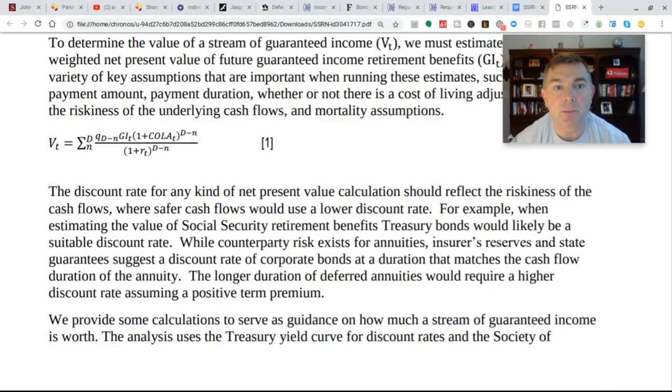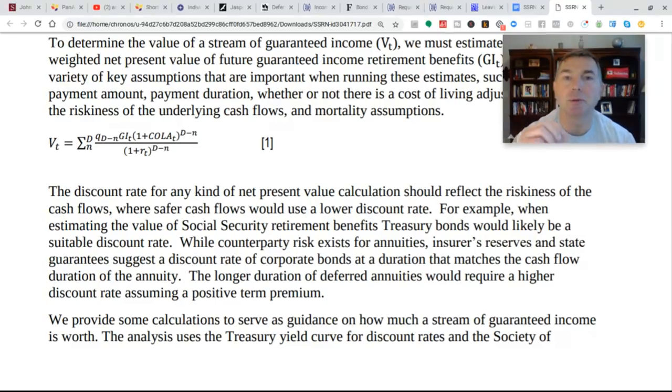For example, when estimating the value of Social Security retirement benefits, Treasury bonds would likely be a suitable discount rate, while counterparty risk for annuities, insurers' reserves, and state guarantees suggest a discount rate of corporate bonds.